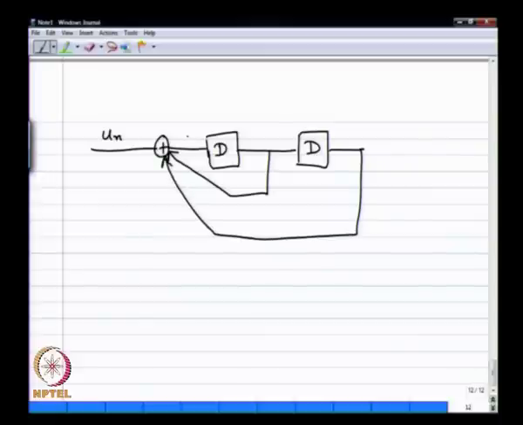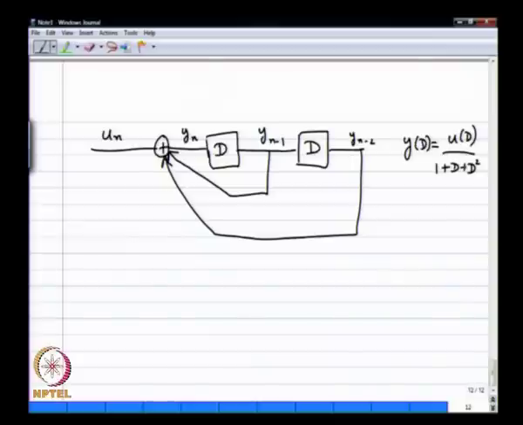If you call it yn, what will yn be? So yn will actually follow this: y of D equals u of D divided by 1 plus D square. It is easy to see that, right? This is yn minus 1, this is yn minus 2, and clearly yn equals un plus yn minus 2 plus yn minus 1.